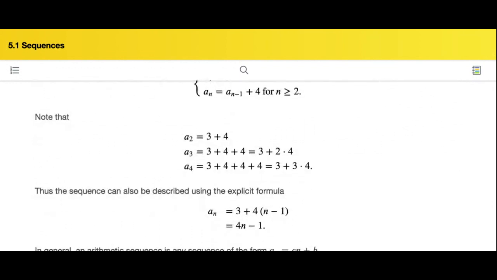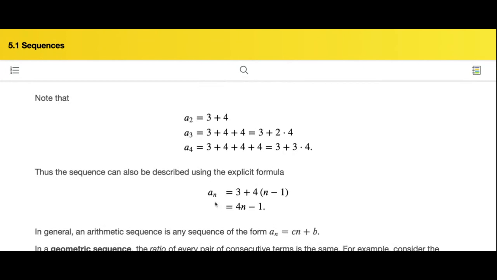So in general, we can write this as a function: An equals 3, the first term, plus 4 times n minus 1. So A2 is adding 2 minus 1, one 4. A3 is 3 plus 3 minus 1, which is two 4s, and so on and so forth.